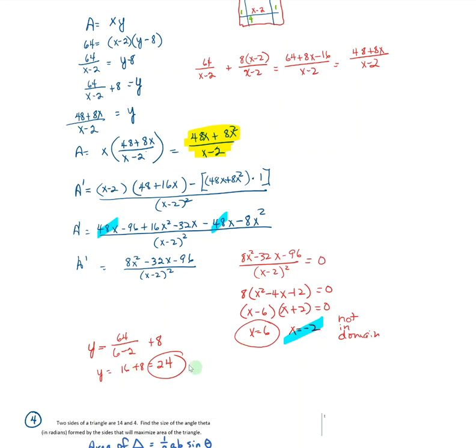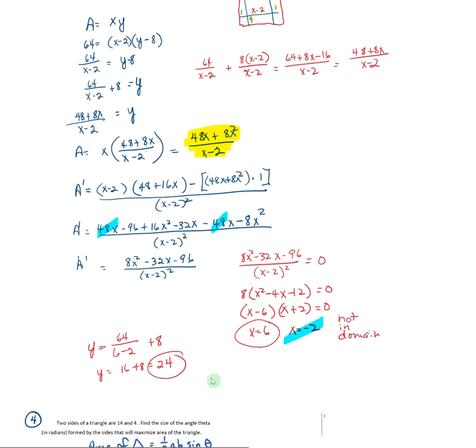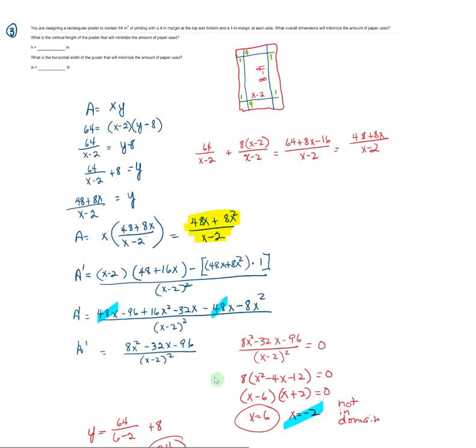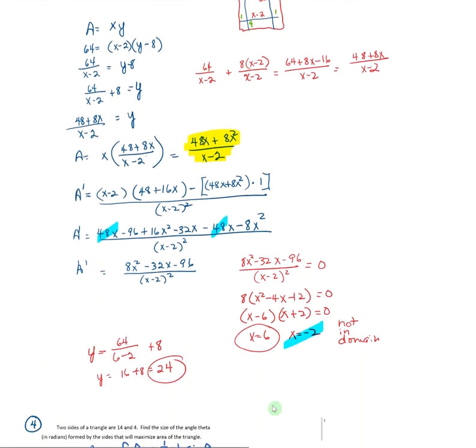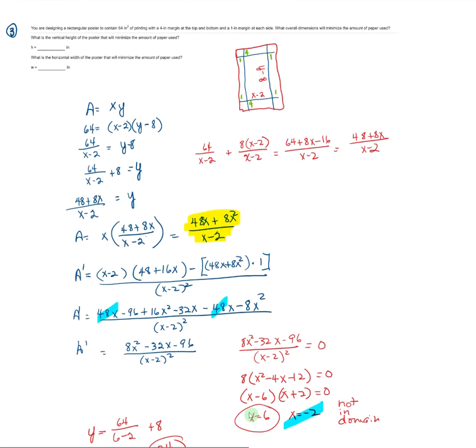I was saying it, and it was right. I'm tired, I think. Okay, forgive me. 64 over 4 is going to give us 16 plus 8 is 24. So your width is 6 and your height is 24. So those should be the dimensions.